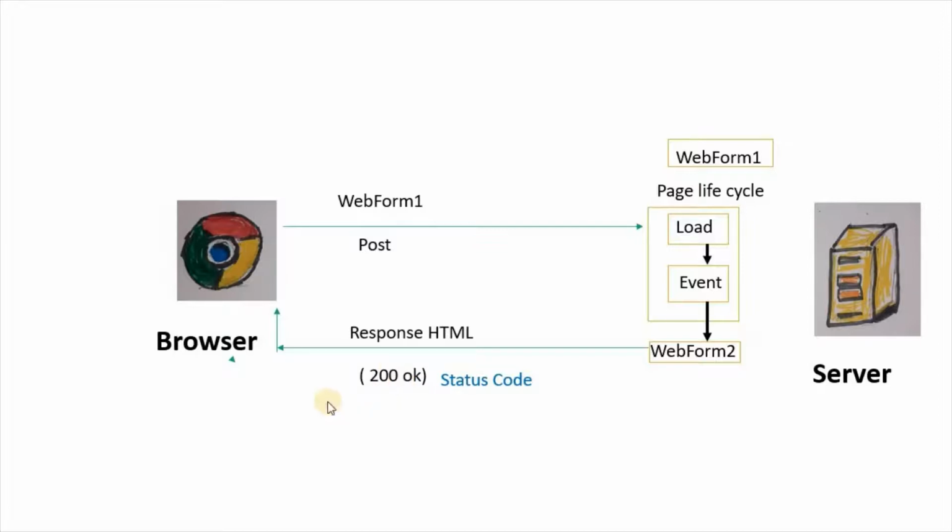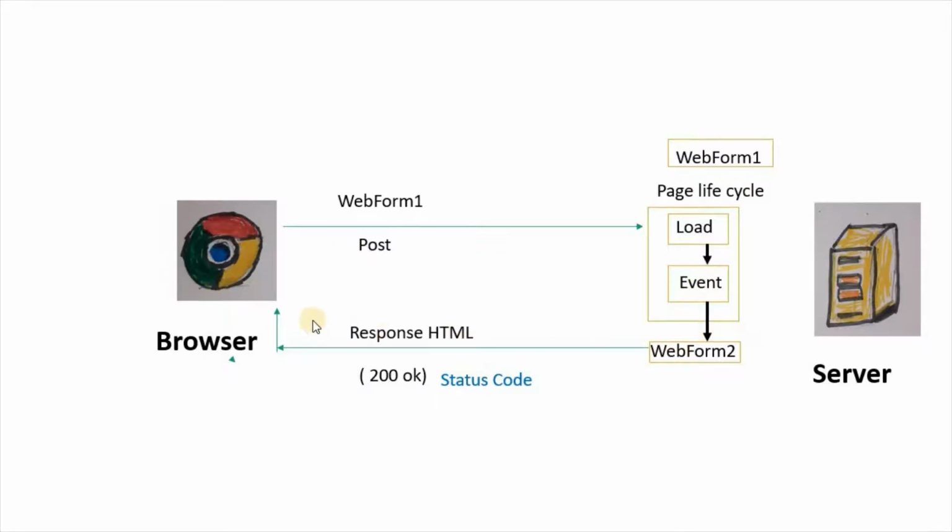In this case, the browser has no idea because transfer happens at server side, but browser still feels that response is coming from waveform 1, so the page is not changed in the browser URL.